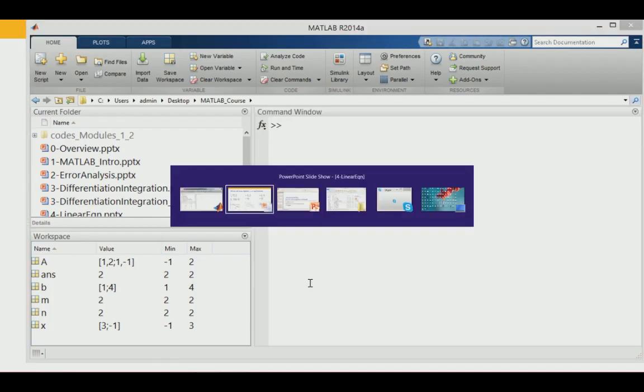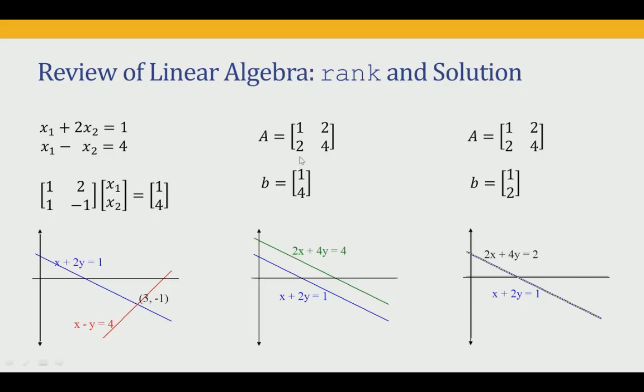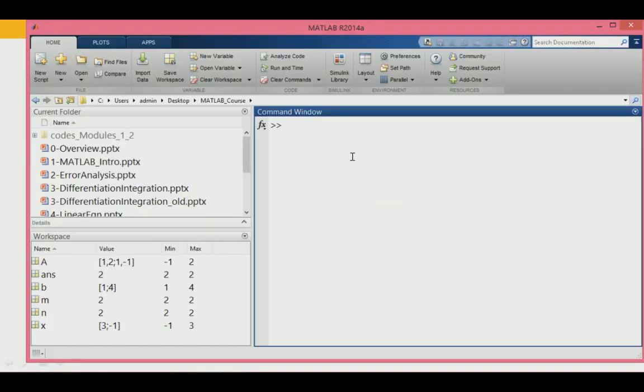Let us now look at the second example, where our B remained the same. We changed our A to 1 2 2 4. Let us make that change, A equal to 1 2 2 4. Let me echo this by skipping the semicolon. So, our A is 1 2 2 4.